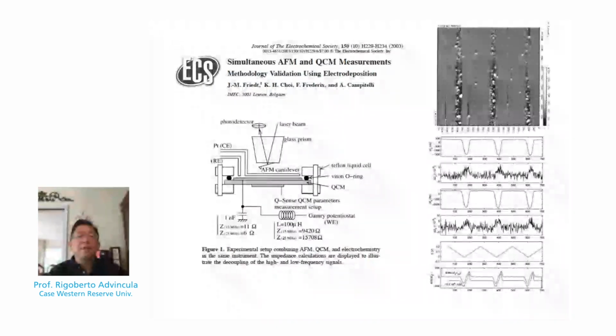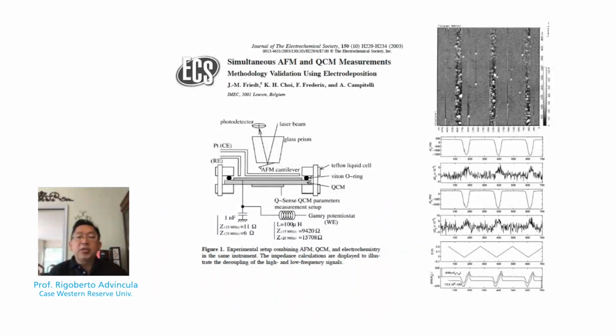So what you have essentially is an electrochemistry, AFM, and QCM experiment in one. So this micrograph and this graph look quite complicated, but what it is is that you have a common x-axis, which is time. You have the frequency shift.